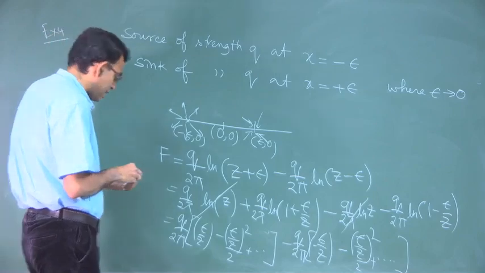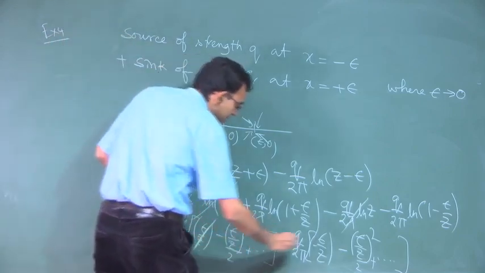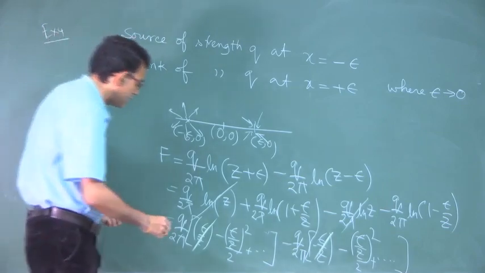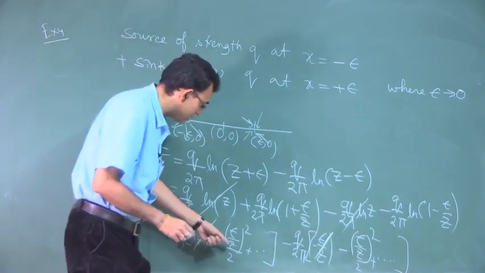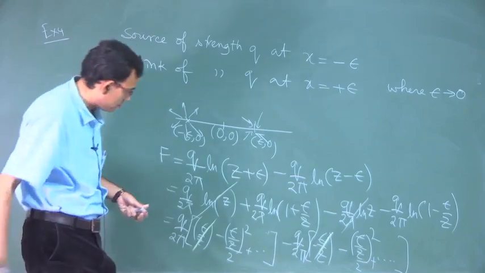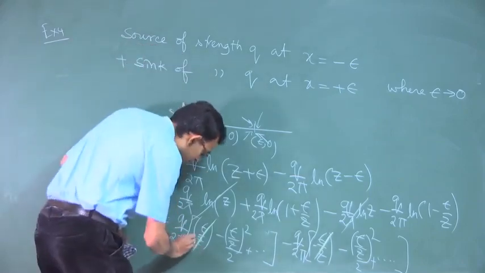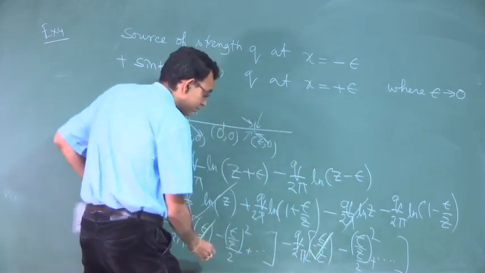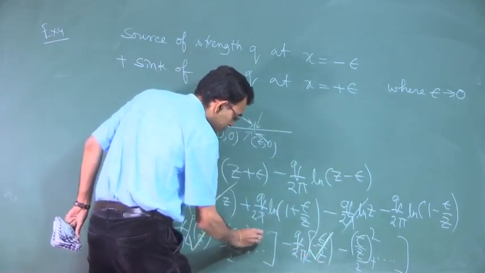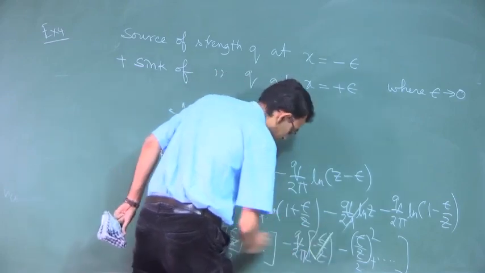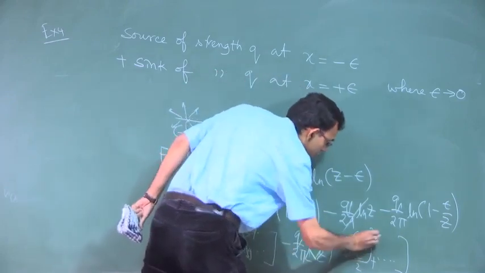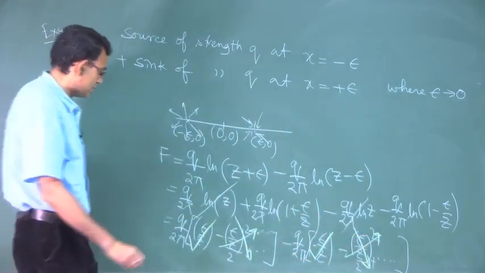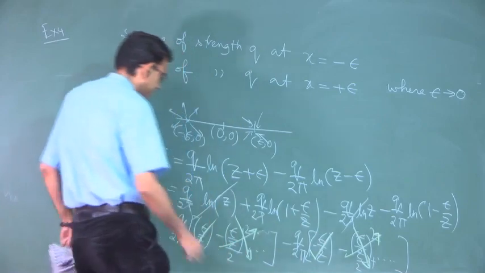So, you can clearly see that this epsilon by z gets, sorry, it does not get cancelled, I am very sorry, the square terms get cancelled. So, these terms remain.